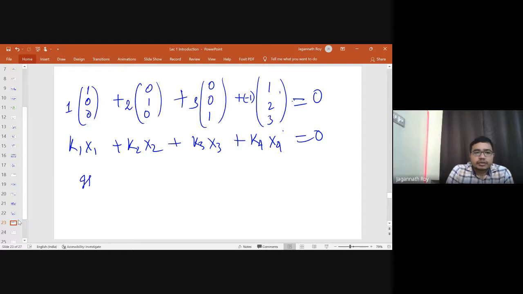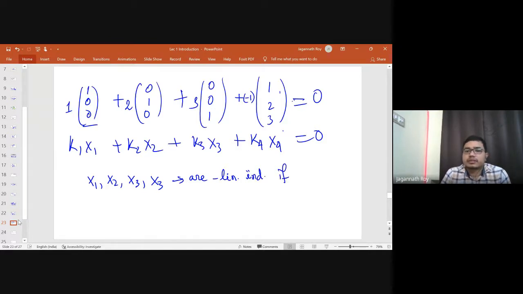Now x1, x2, x3 and x4 are linearly independent if k1, k2, k3 and k4 are all 0.